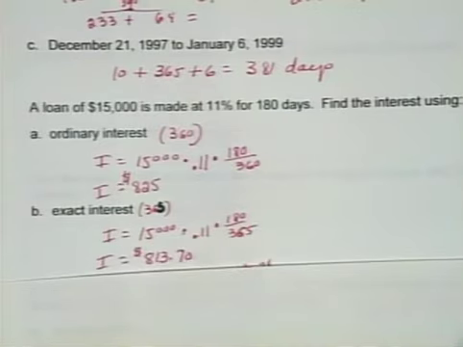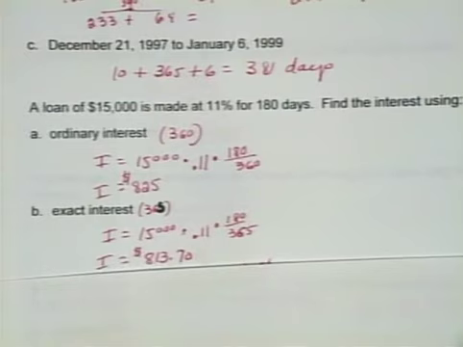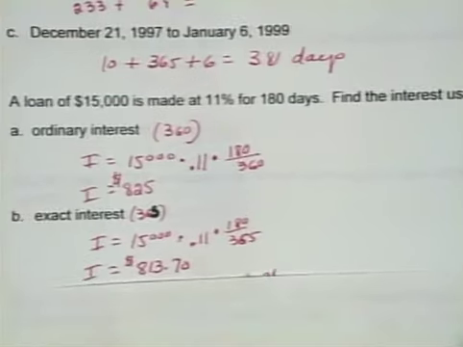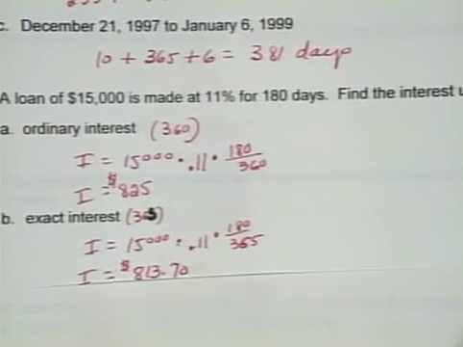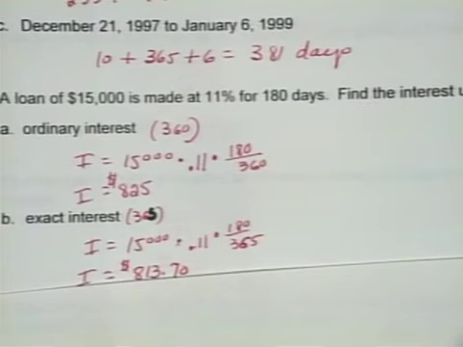How much interest would you pay? $813.70. So, ordinary interest causes you to pay more interest than exact.